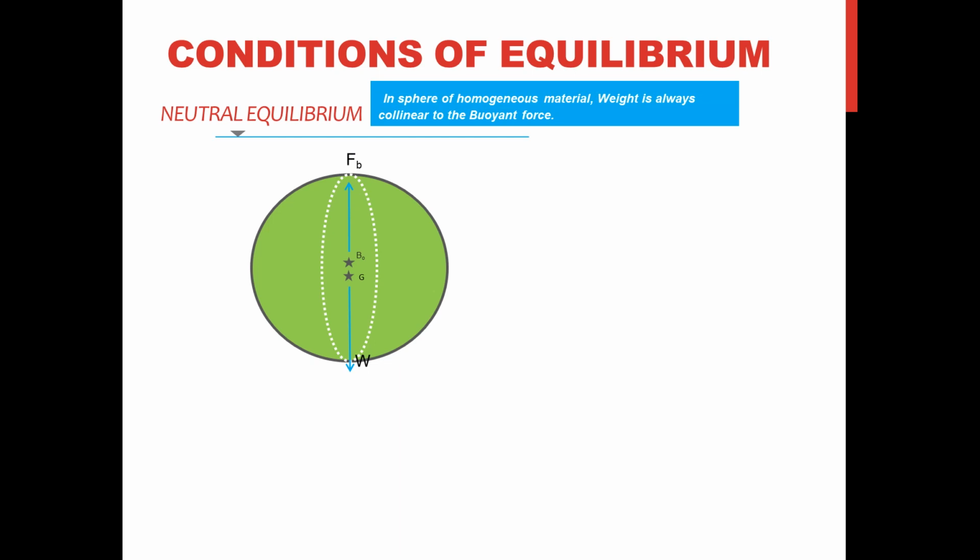Therefore, it maintains the collinearity between the weight and the buoyant force. So the weight is always collinear to the buoyant force. That is about neutral equilibrium, provided that it is a sphere of homogeneous material.